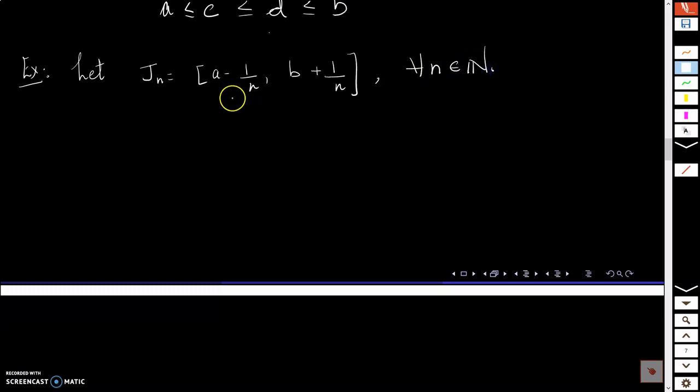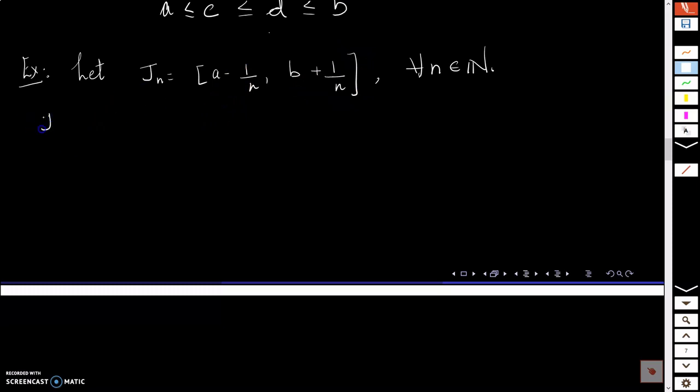Okay, so let's try to understand what this is. Now I'm saying for every natural number n, I'm defining the set Jn to be equal to a minus 1 upon n comma b plus 1 upon n, closed interval.